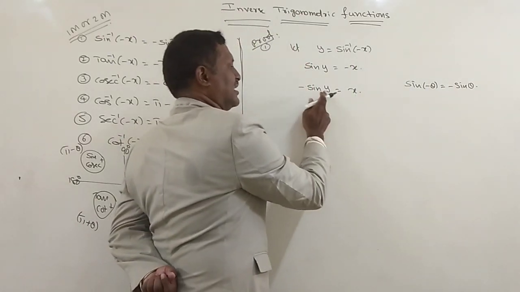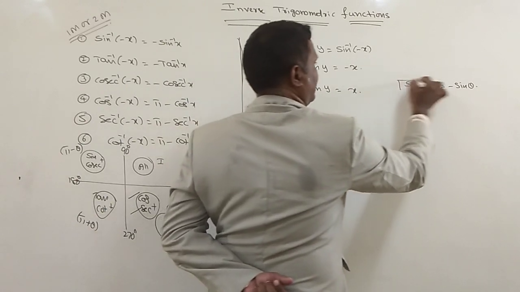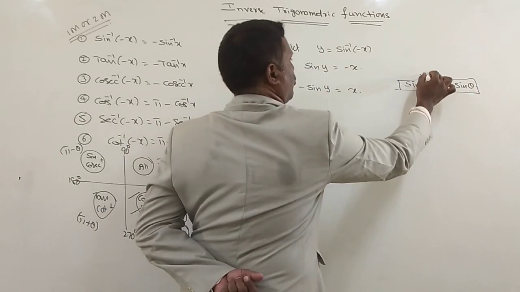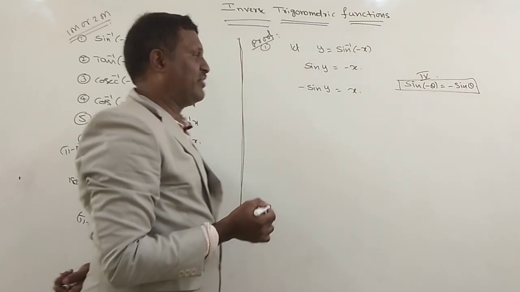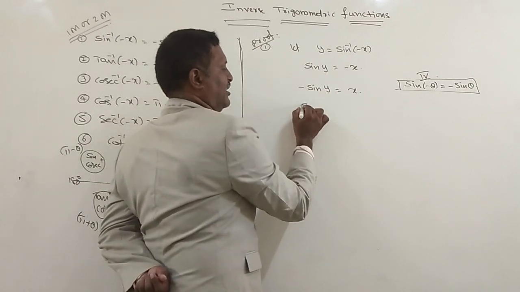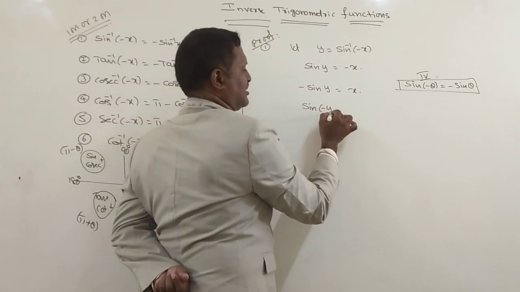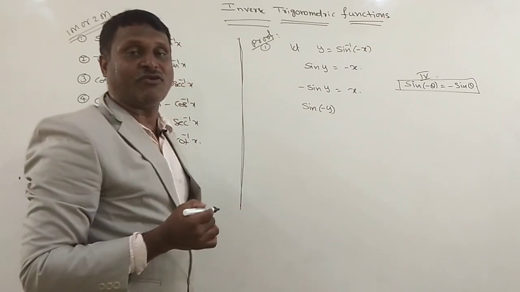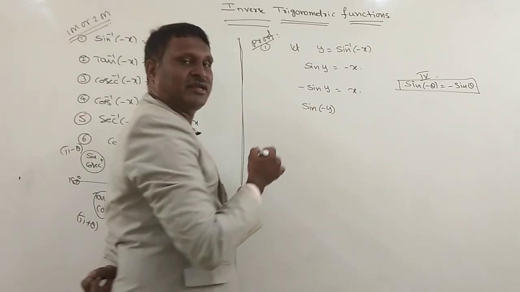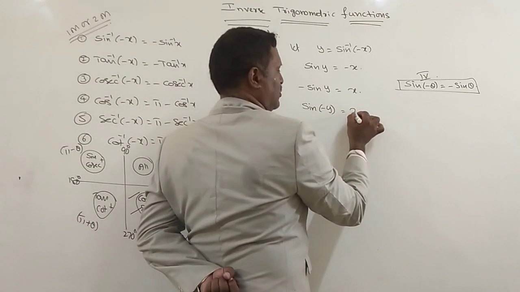Now, minus sine y, what we can write? Using this formula in the fourth quadrant, minus sine y we can write as sine of minus y. This is equal to x.